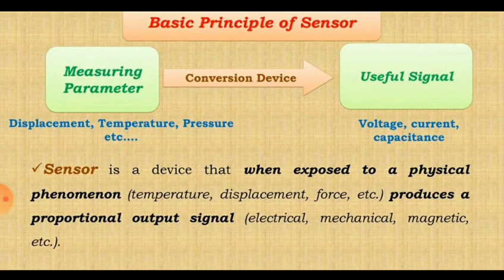The basic principle of a sensor. A sensor is a device that, when exposed to a physical phenomenon, that is temperature, displacement, force, etc., produces a proportional output signal, that is in electrical, mechanical, magnetic form, etc. A sensor is defined as an element which produces a signal relating to the quantity being measured.